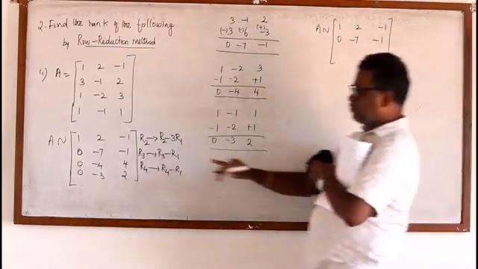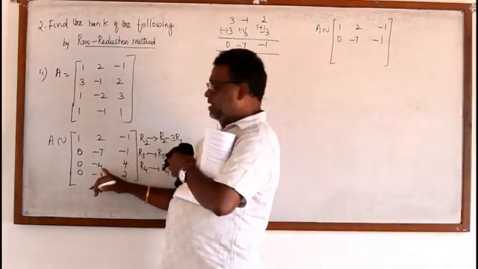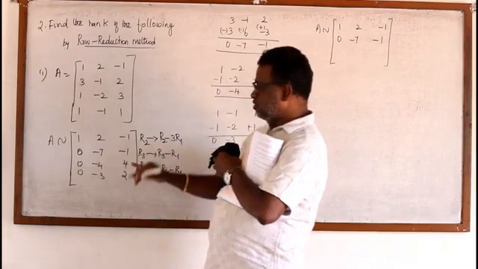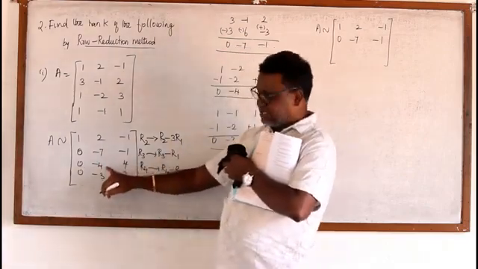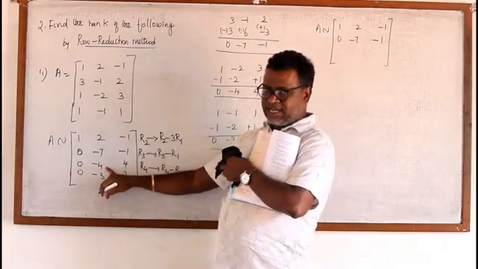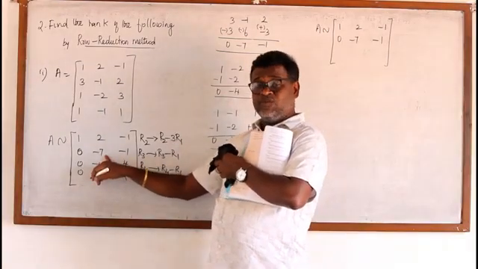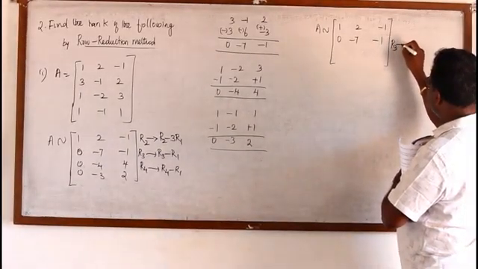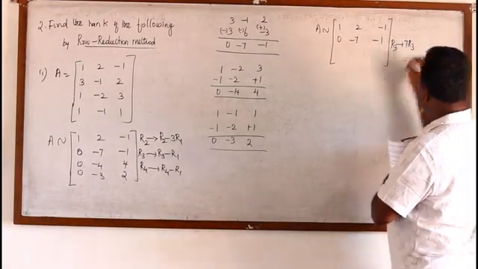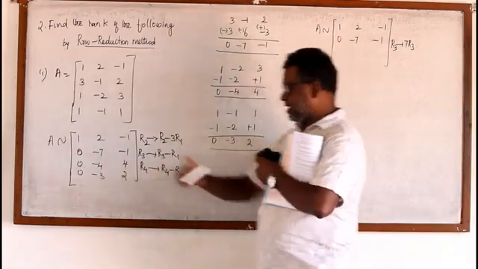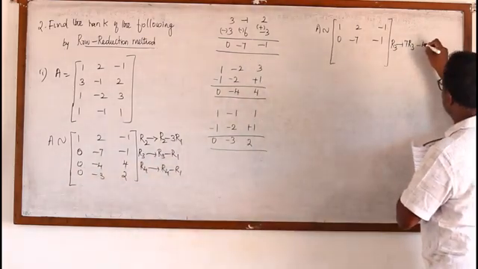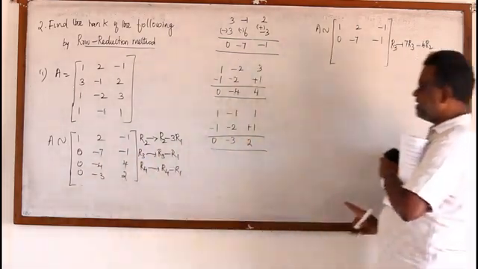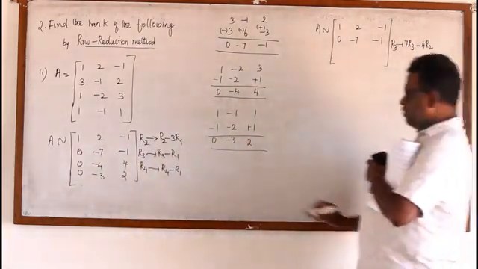Now this minus 4 must become 0. But I have to do it only with R2, because this 0 must be maintained. So shall I multiply this one by 7 so that this will become minus 28, and this one by 4 so that that will become minus 28? So I am writing R3 as 7R3 minus 4R2. Then minus 28 minus 28, if I change the sign, becomes 0.